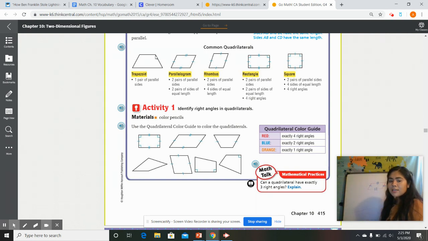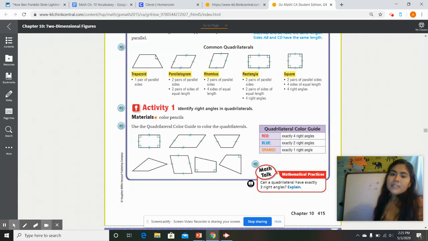You'll see this a lot in geometry because it saves time from having to write the numbers again, and they just want you to be able to identify these things. So a parallelogram has 2 sets of parallel sides, and another two pairs of equal sides.